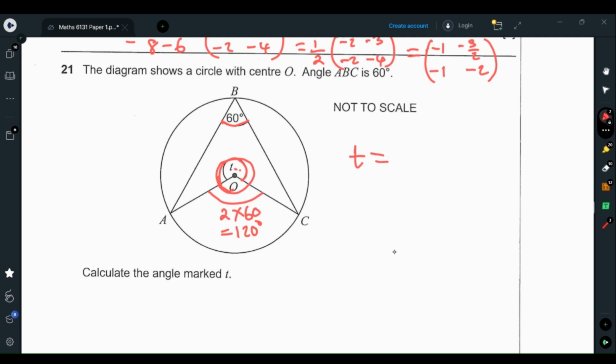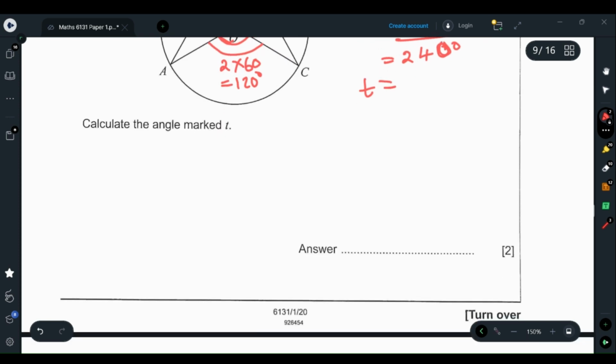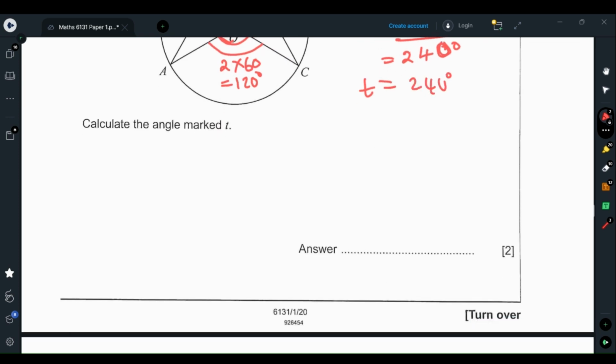So the angle T is equal to 360 degrees minus 120 degrees, and that should give us 240 degrees. So the angle marked T is 240.